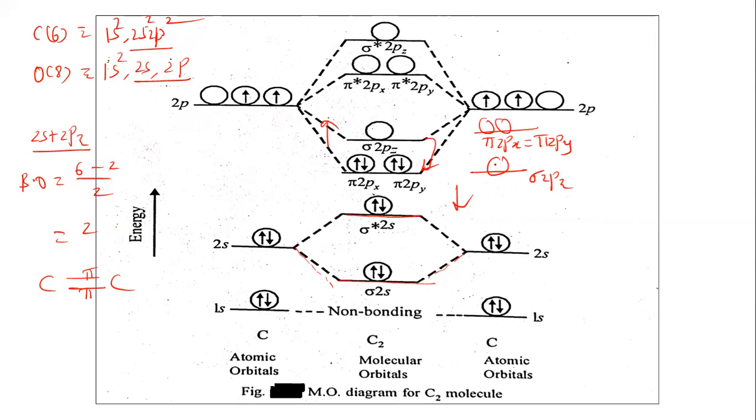These 4 electrons, 2 electrons will go here and 2 will be here. It means that the carbon molecule is paramagnetic, but that is not the real fact. Because in the carbon molecule, there is mixing of the atomic orbitals between 2s and 2pz. Hence, the energy of the sigma 2s and sigma star 2s gets lowered and the energy of the sigma 2pz increases. So, pi 2px and pi 2py come first.